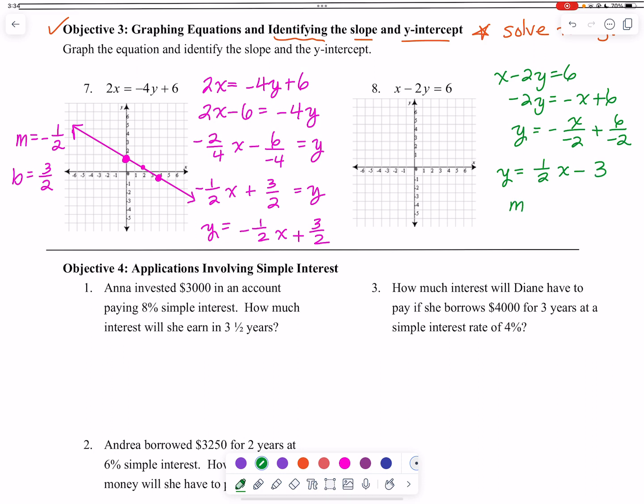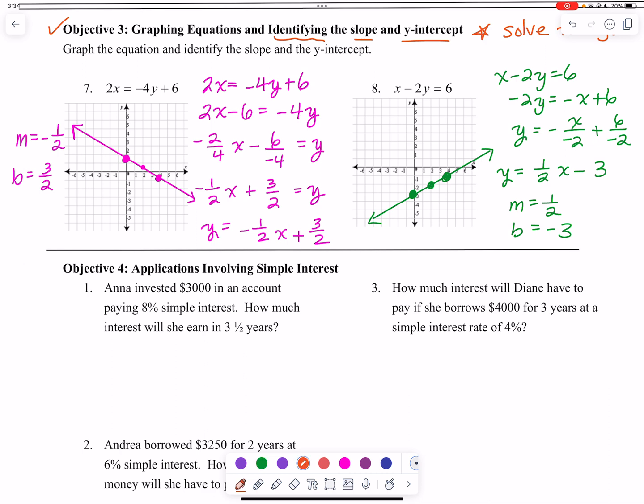So here our slope is a positive 1/2 and our y-intercept is a -3. So now our slope is up 1 over 2, up 1 over 2. And we can go ahead and plot just like that.